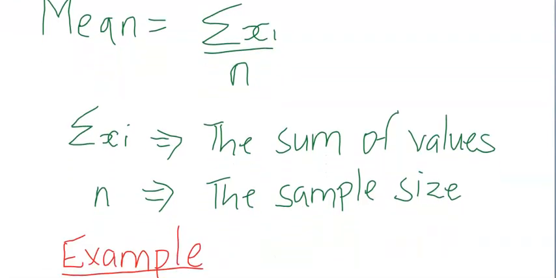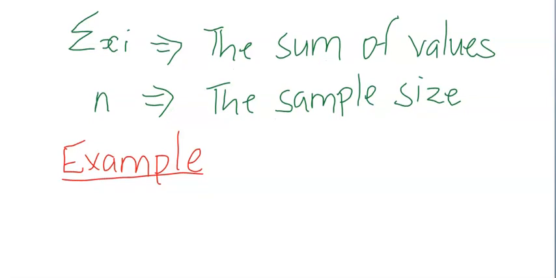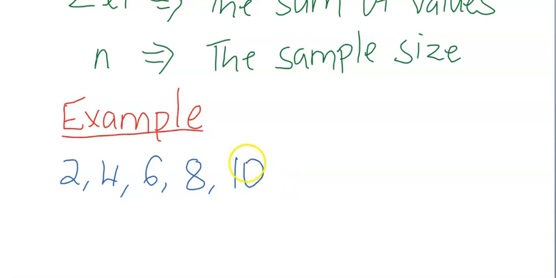Okay, so let us look at an example of how to calculate the mean of a given data set. We'll have a data set, and from that data set we shall calculate the mean. The values are as follows: we have 2, 4, 6, 8, and 10.